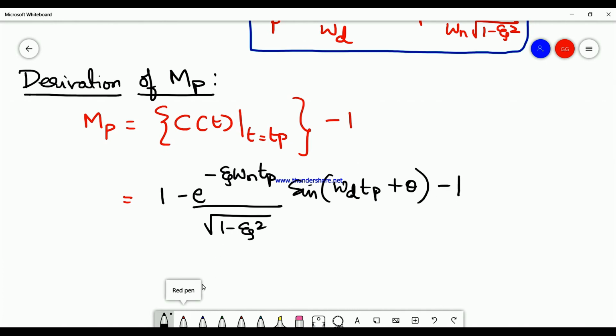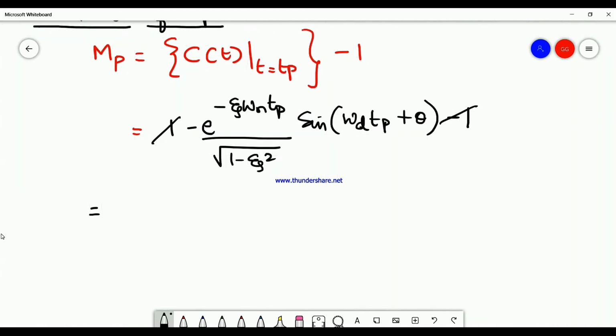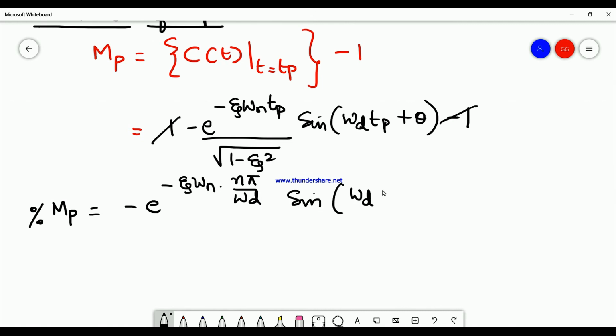So this 1 and this 1 get cancelled, so you will be left with MP. Normally we calculate MP in percentage, so percentage MP equals minus e power minus zeta omega n into Tp, where Tp is n pi by omega d, into sine of omega d into n pi by omega d plus theta.